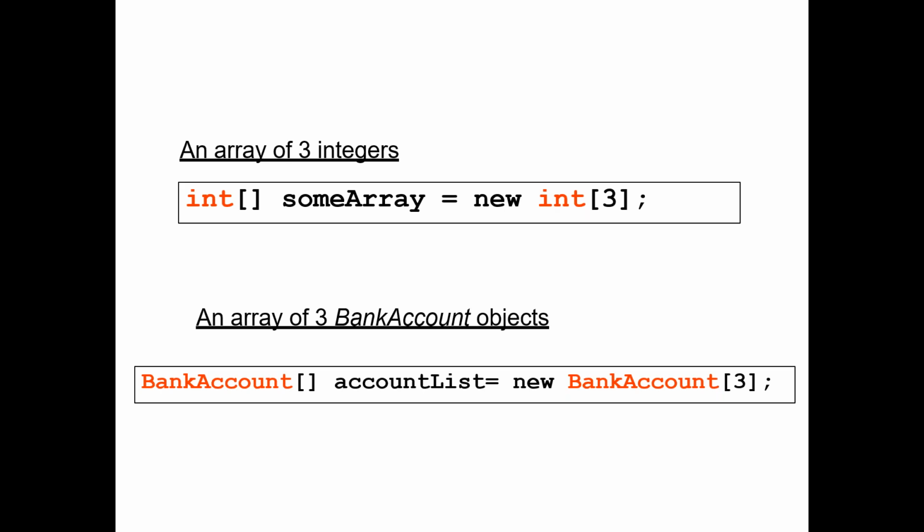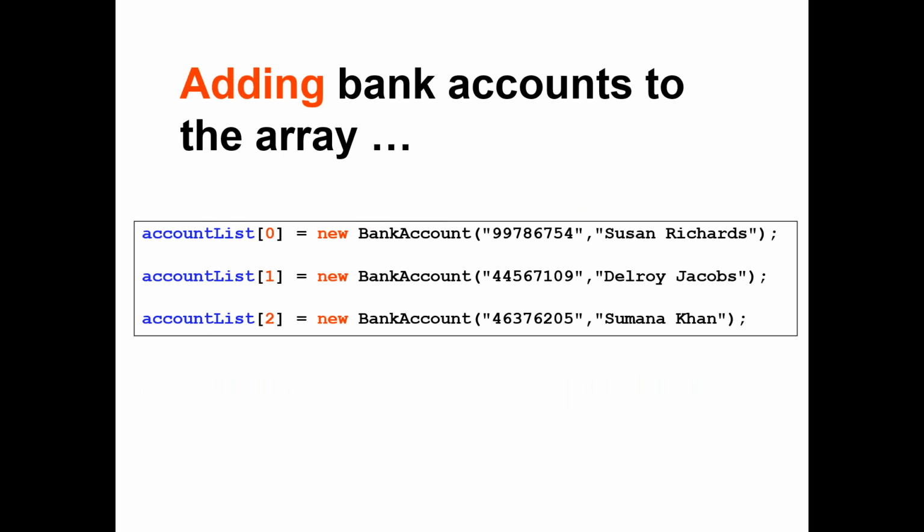We can declare our array in another way, where we call a bank account, and it's going to have a length of 3. So we have 0, 1, and 2. This is how we're going to have 3 bank accounts, assuming that our first number is 0.